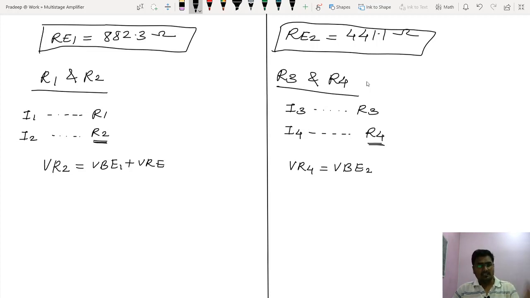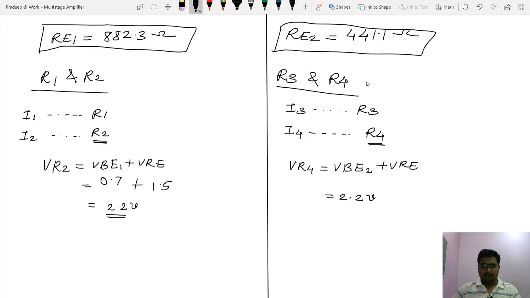If I am using both transistors of same type, then VBE1 is equal to VBE2 is equal to VBE, that I can put as 0.7 if I am using silicon transistor, plus VRE. Now here it will be 0.7 plus, what is the value? 1.55. Yes. So value will be 2.2 volt. Here also I will get value equal to 2.2 volt, as VBE1, VBE2 are same and VRE is also same.